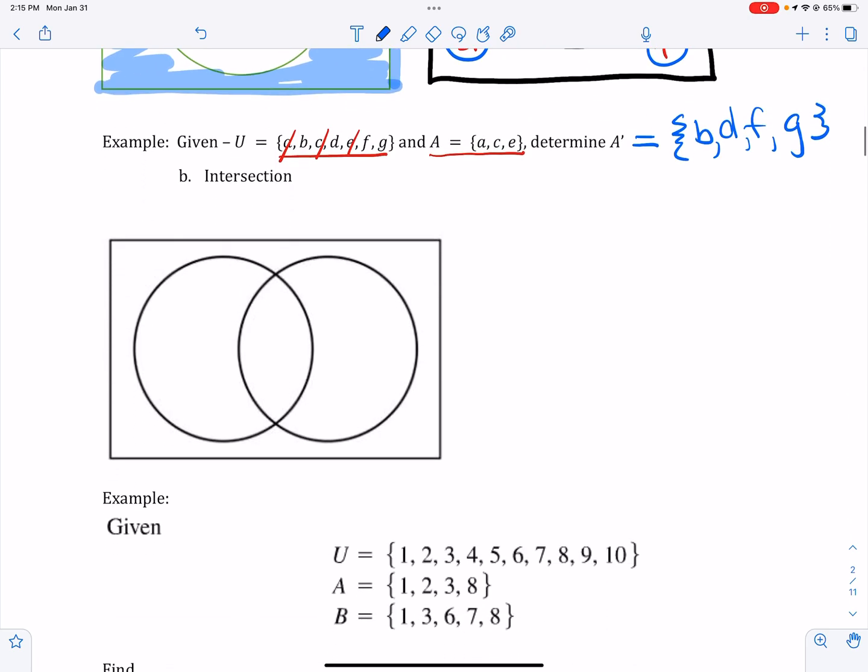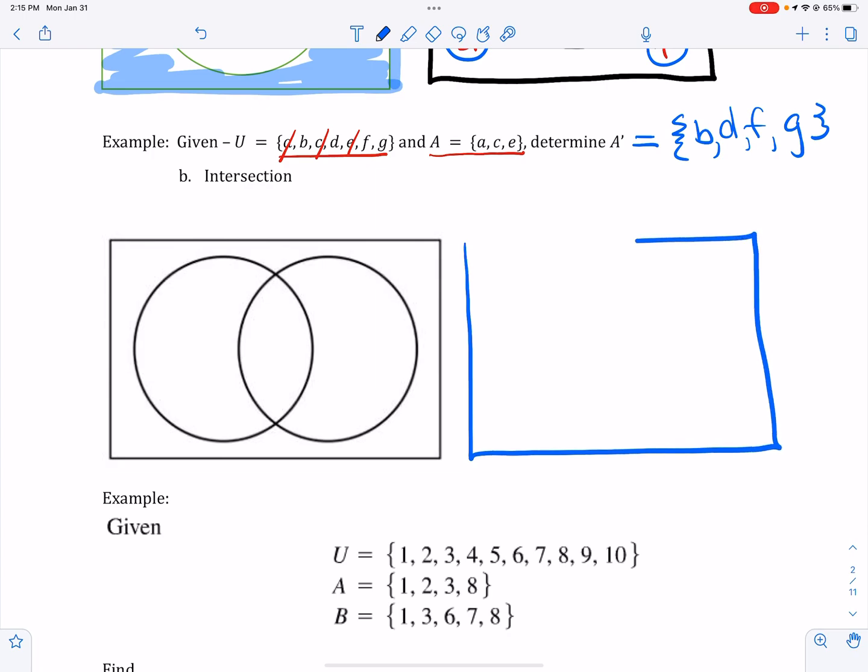Okay? Now we're going to do intersection, and I'm going to draw another box. I think you guys have this in your notes. So this is the universe, this is A, this is B, and the intersection is going to be this area right here.